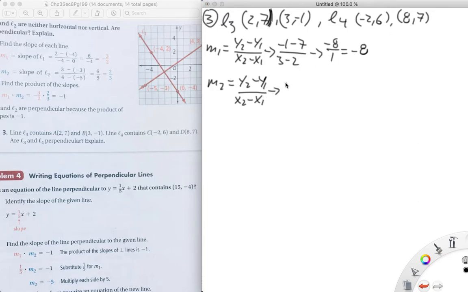That gives me 7 minus 6 over 8 plus 2, which is 1 over 10.